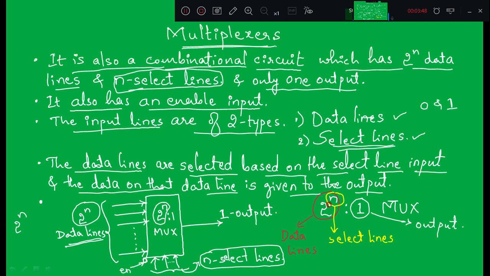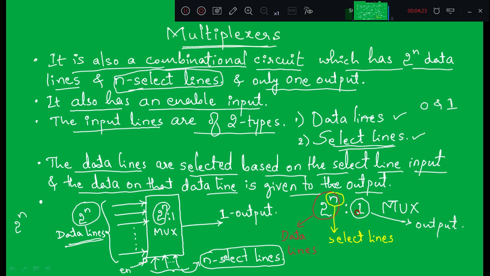Here, out of 2 raised to n data lines, only one data line is selected, based on the select lines, and that data will be given to the output. Why is it going to select only one data line? Because the output is only one. Only one of the data is selected out of 2 raised to n data, and it is given to the output, because I don't have multiple outputs.